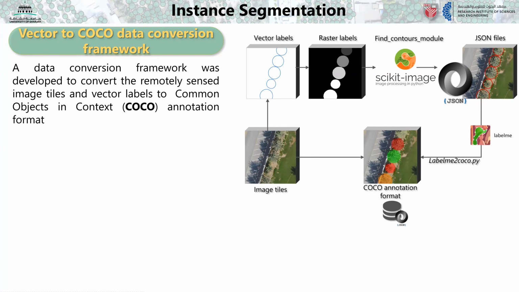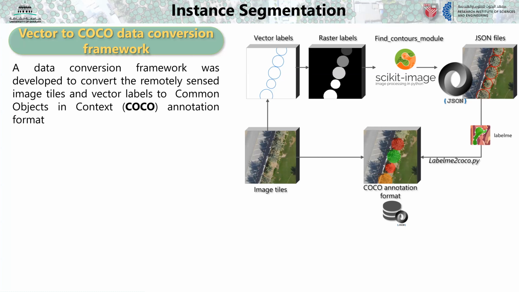Then it's converted into raster format where each tree has a different attribute value, and this raster is processed to extract the contour. So the contour of all pixels that have the same attribute will be extracted and saved as a JSON file.